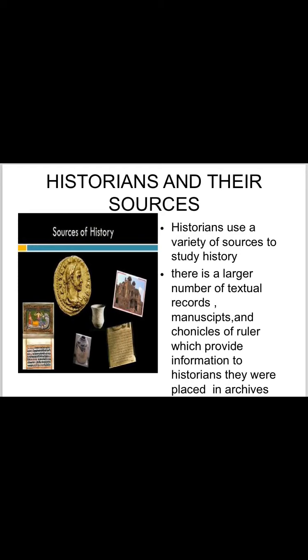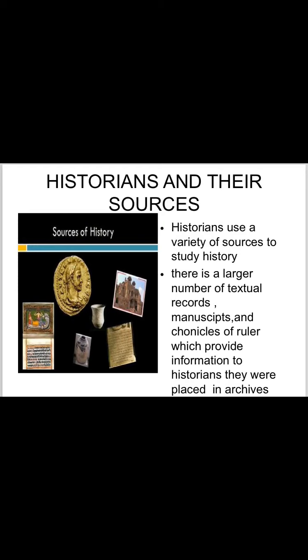There are a large number of textual records, such as manuscripts and chronicles of rulers. Chronicles record when a king ruled, when he was crowned, when he went to battle, and when he died. All these years are mentioned in the chronicles, and they provide historians with more information.